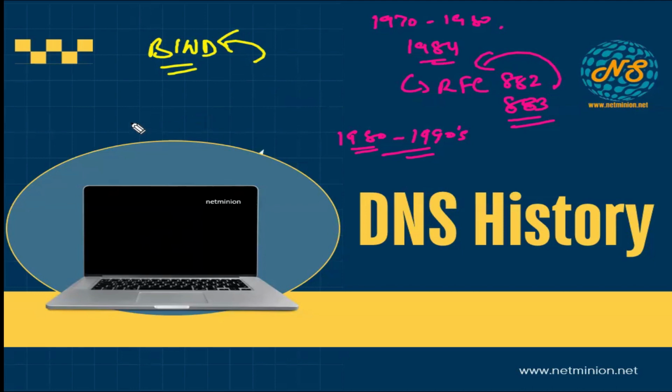Then again, as time passes, let us say 1990s to 2000s, the commercialization of the internet led to a rise of domain registrars and DNS service providers. And here top level domains come into the picture, which further expanded DNS.